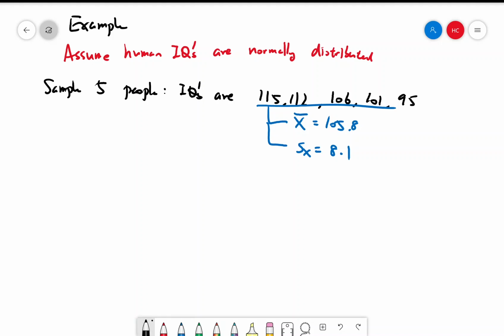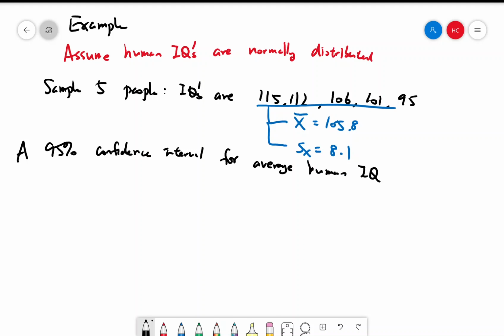Now we can construct a 95% confidence interval for the population mean, which is the average human IQ. We have our x bar plus minus t. n is 5, so the degree of freedom is 4. We're talking about 95%, so alpha over 2 is 0.025. And we have our usual standard deviation divided by the square root of the sample size.